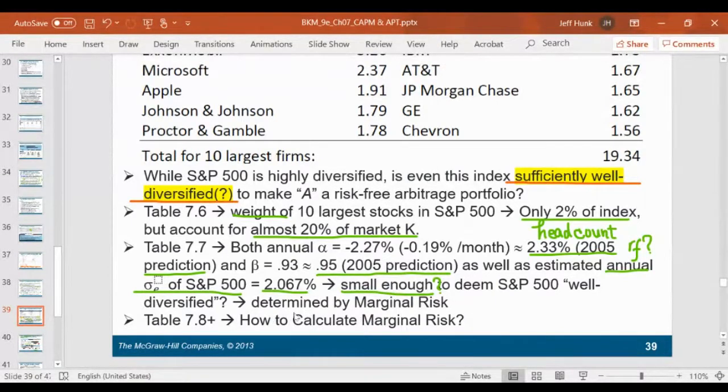It will only be determined by the marginal risk, right? We understand the concept of marginal, right? The concept is our marginal risk by adding this S&P 500 portfolio.